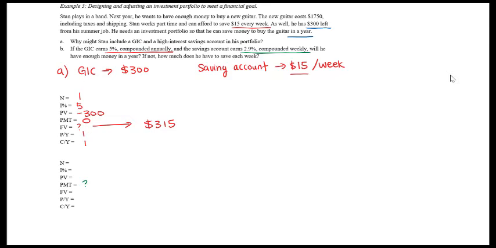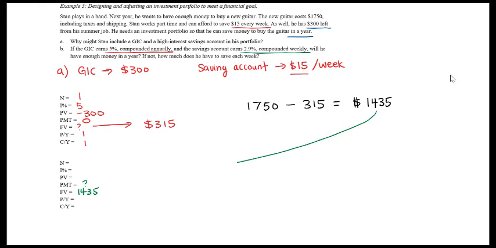$315. And then let's do the calculation backwards. So let's say he needs 1,750 and he has 315 from the GIC. Subtracting these two numbers will give us the idea of how much he needs to have from the savings account. So it will be $1,435. So that is going to be our future value. So let's move this one to future value. So 1,435.